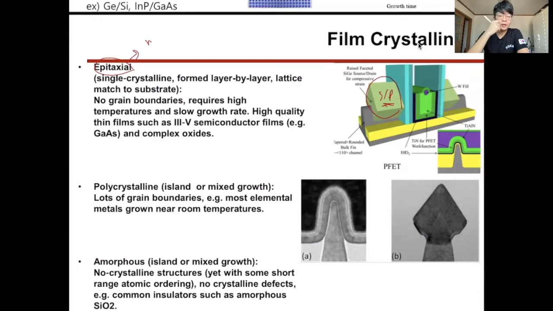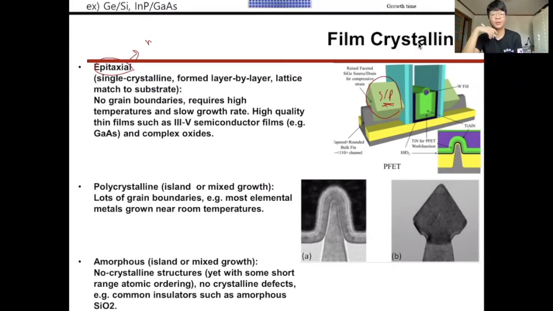However, it is a very slow process, but it can also be grown with two materials like silicon germanium or III-V materials and complex oxides.